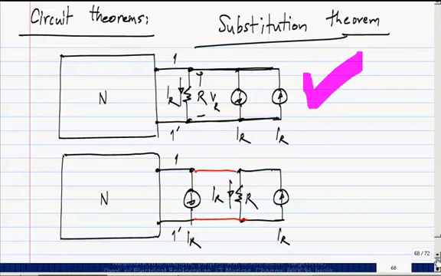You could have a nonlinear element here instead of this resistance, some nonlinear element which could have any IV characteristic. That also can be replaced by a voltage source whose voltage is the voltage across the element, or a current source whose current is the current through the element.